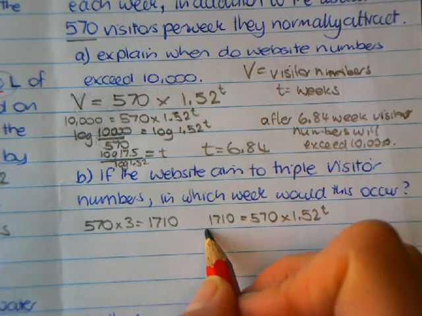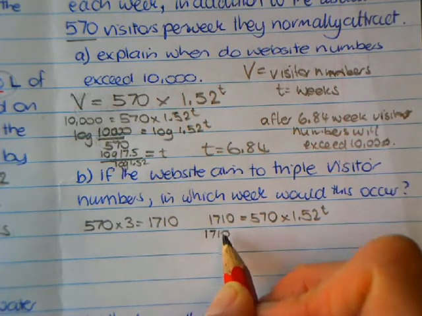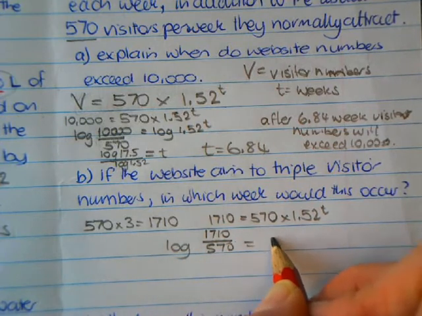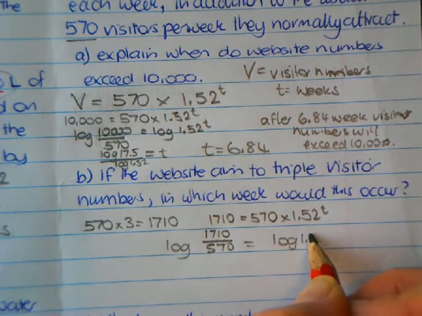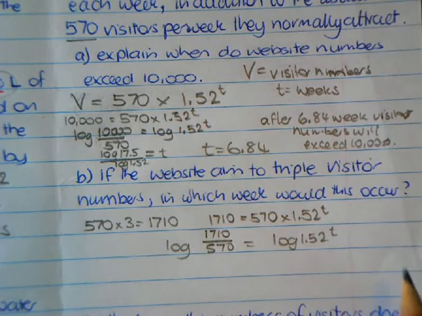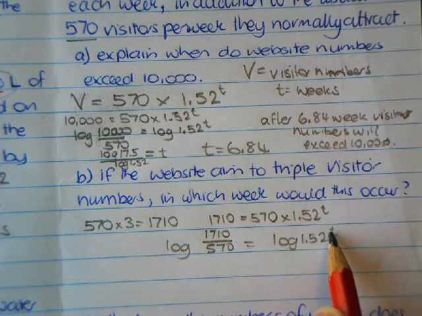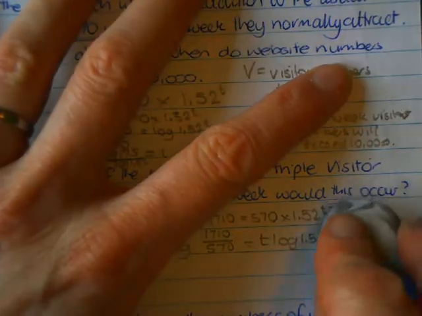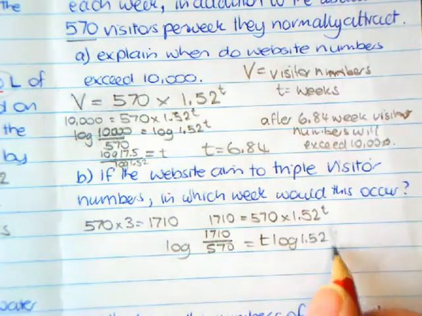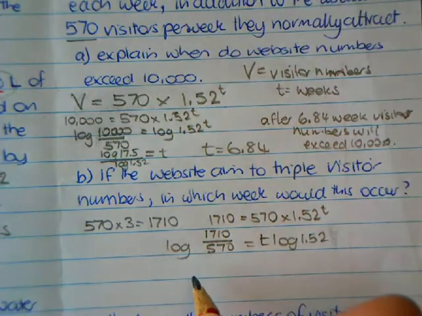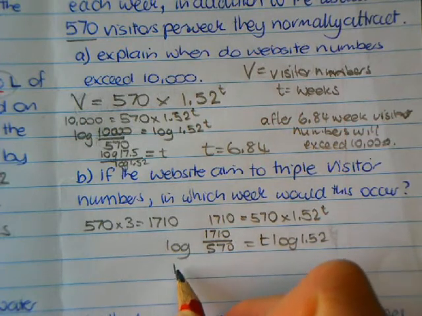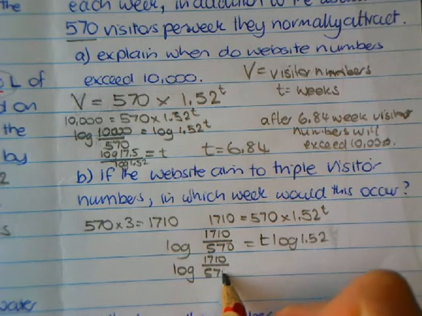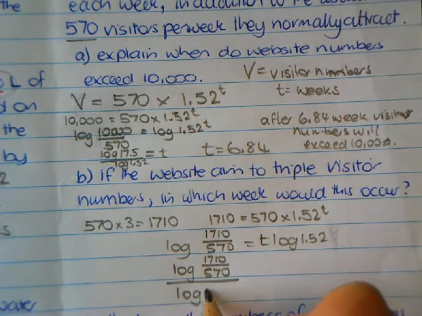So tripling, they started off with 570, times 3 would mean that they have to get 1,710 visitors. So we have 1,710 equals 570 times 1.52 to the power of t. Divide by 570, 1710 divided by 570. Take the log of both sides, log 1.52^t.